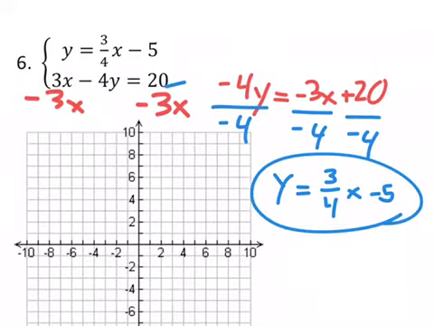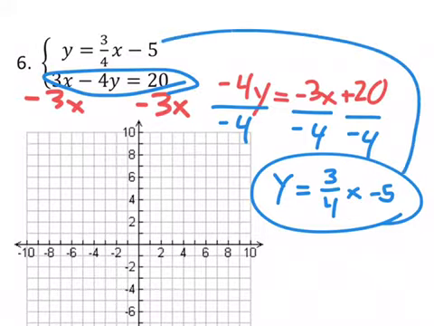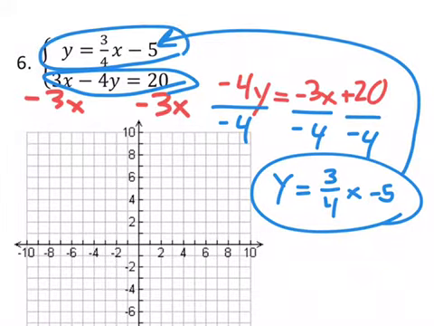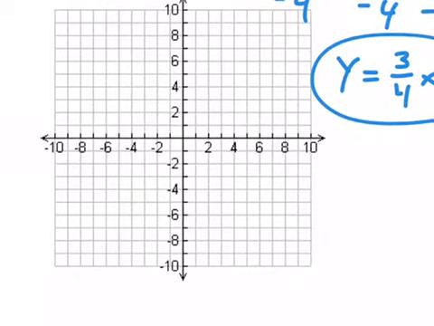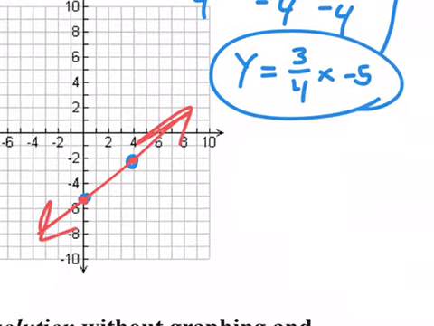So this equation is now in y equals mx plus b. Alright, what you might recognize is these equations are the exact same. So if I graph them starting at negative 5 on the y-axis and go up 3 over 4, both equations are the exact same, so this is an example of infinite solutions.